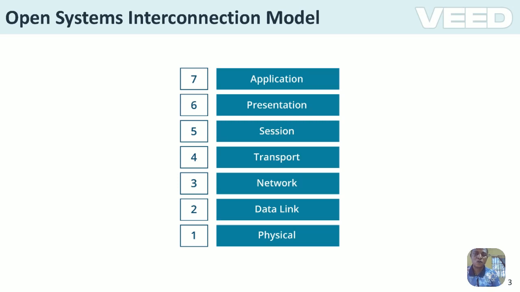Under the first one, we are considering the OSI model. In the first place, what is the OSI model? OSI stands for Open Systems Interconnection, and it has been classified and segmented by the International Organization for Standardization.